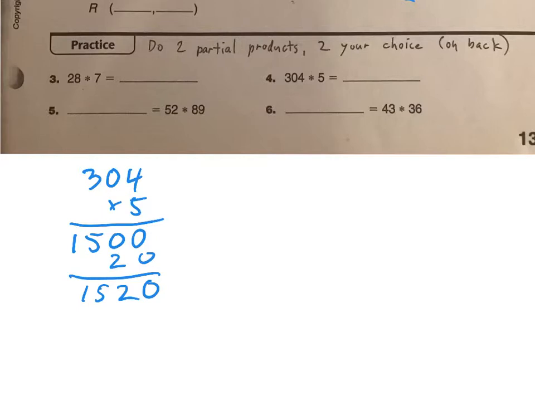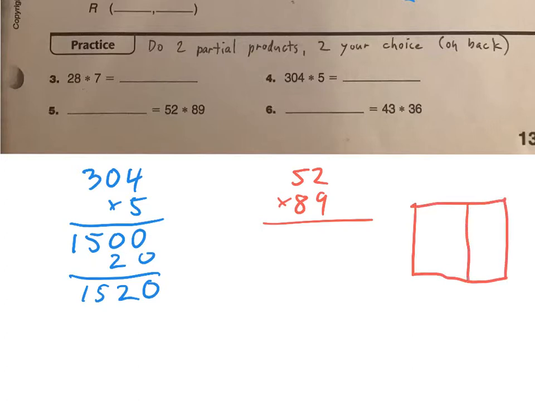And how about number 5? Let's do that one too. 52 times 89. And to get my partial products neatly, I could even do the window method. So I'm going to go 50 and 2, and this is going to be 80 and 9.